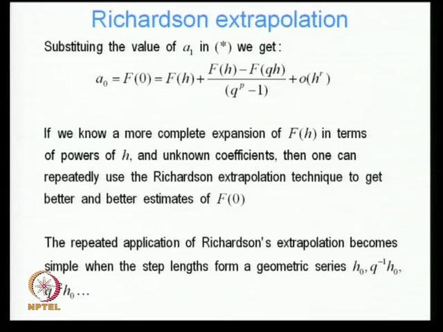If we know a more complete expansion of f of h in terms of powers of h and unknown coefficients, one can repeatedly use the Richardson extrapolation technique to get better and better estimates of f0. The repeated application of Richardson extrapolation becomes simple when the step lengths form a geometric series: h0, h0 by some factor, h0 by the square of that factor, and so on.